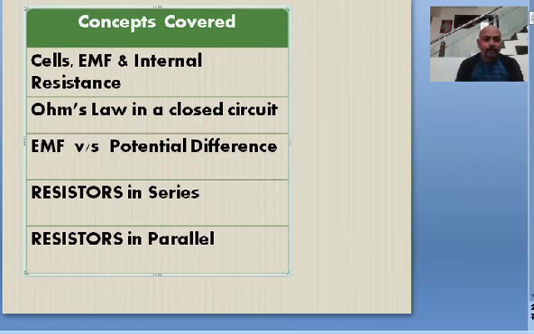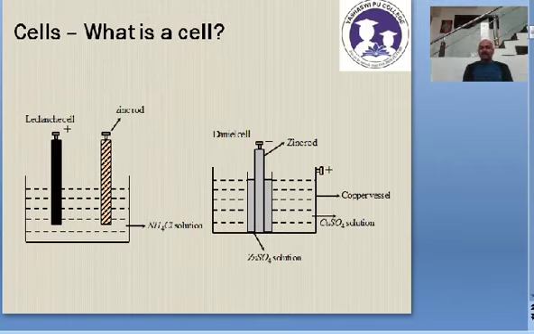see here, first of all we will learn what is a cell. So look at this diagram, and there are two cells given here. One is known as the Leclanché cell, the other one is known as the Daniell cell. In this Leclanché cell there are two electrodes dipped in an electrolyte solution. Out of these two electrodes, one is positive and the other one is negative.